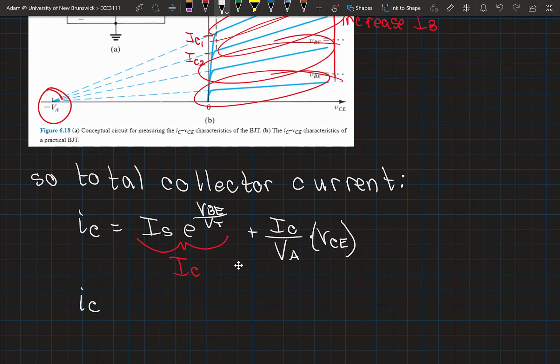Just rearranging this to collect terms, or factoring out the IC, I can get an expression that you will most often see as this, plus VCE over my early voltage.